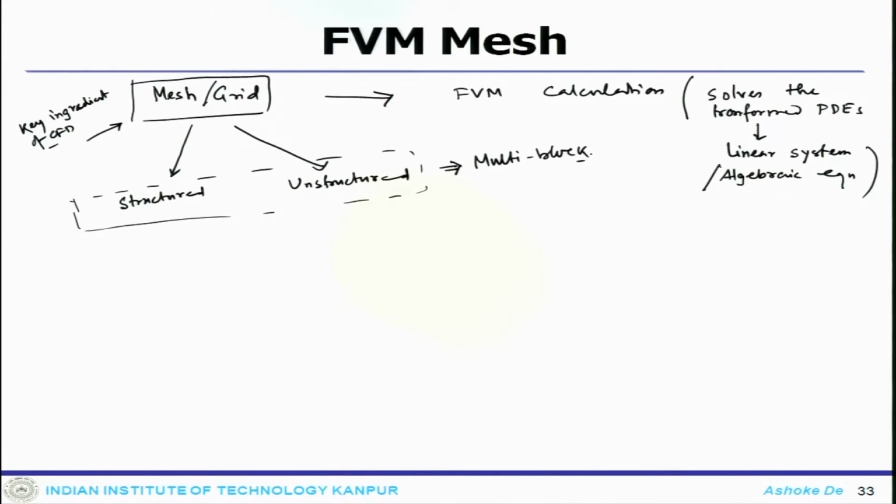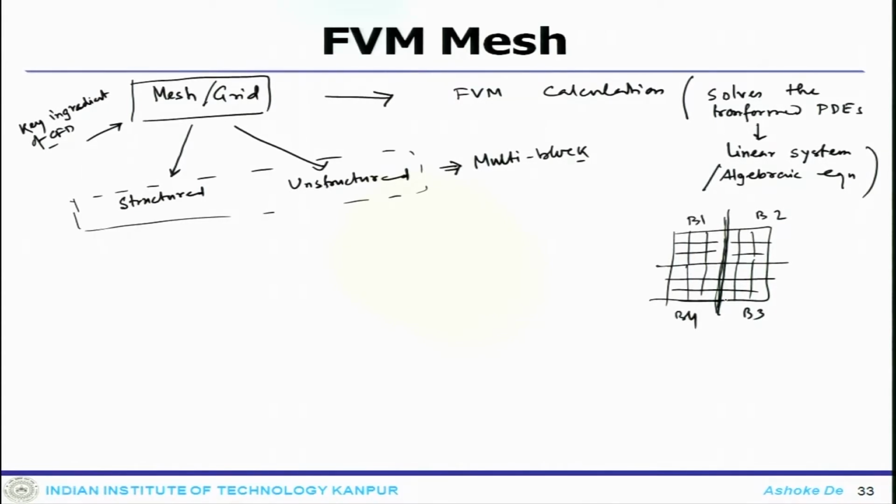That means, for example, if you have a simple rectangular geometry, you can generate the grid in multiple blocks. So, this would be the blocks. This is block 1, this is block 2, this is block 3, this is block 4.